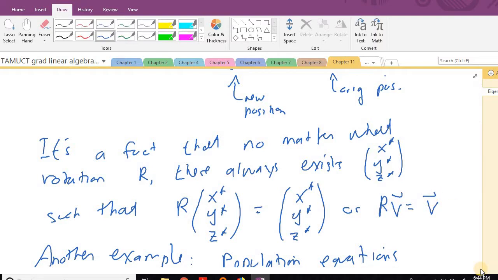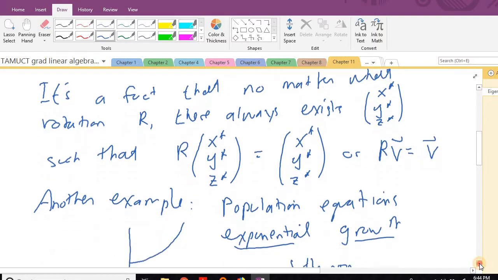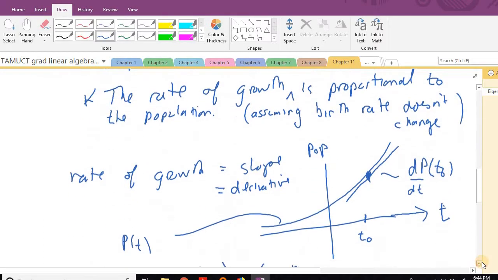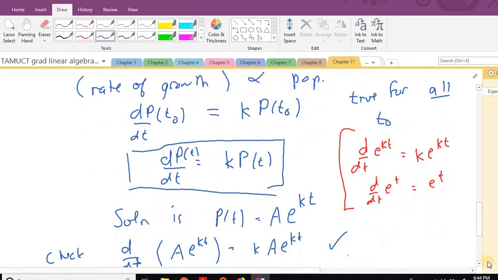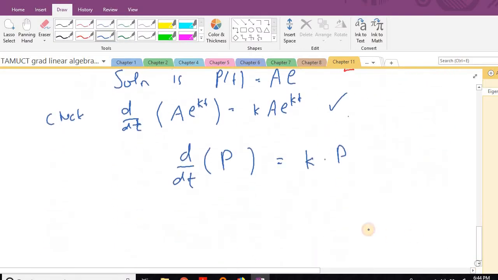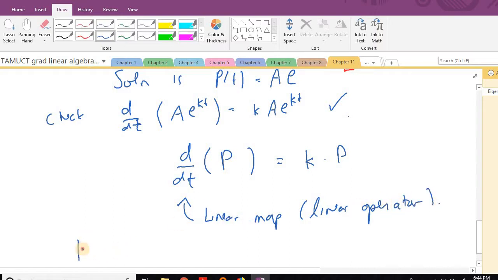Now, the book has talked about how the derivative is a linear map or linear operator. So this is a linear operator. That means that p is an eigenvector for the derivative operator.